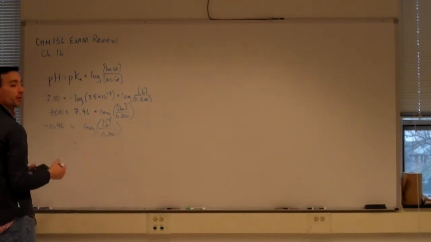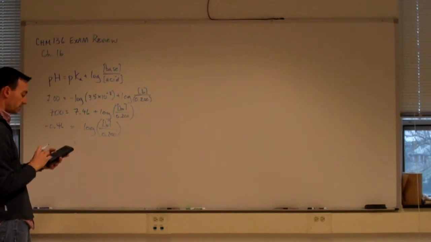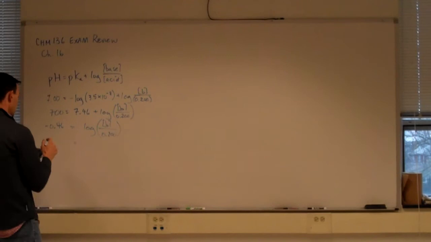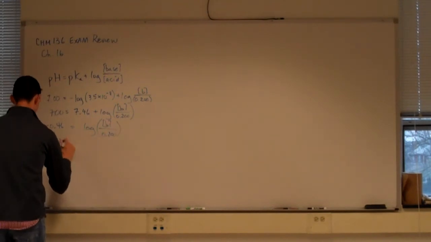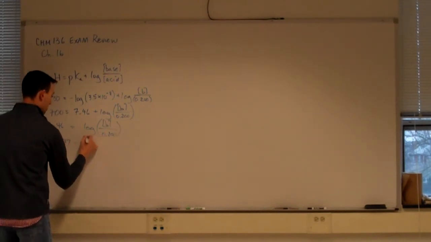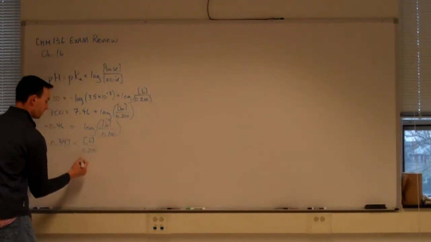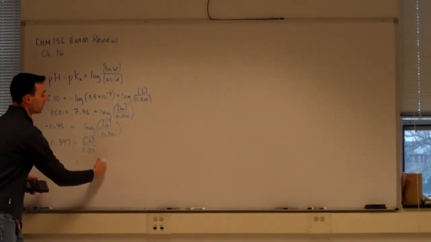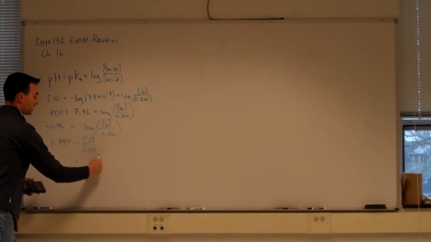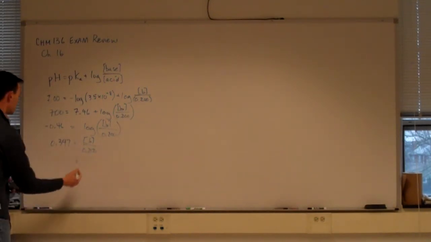And we must raise both sides 10 to the x power. So the ratio, our base divided by our acid concentration, is 0.347.